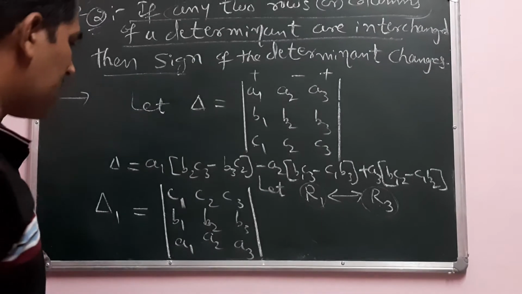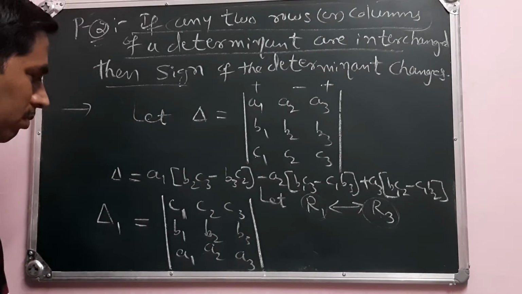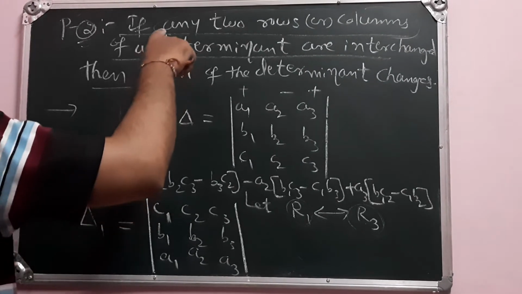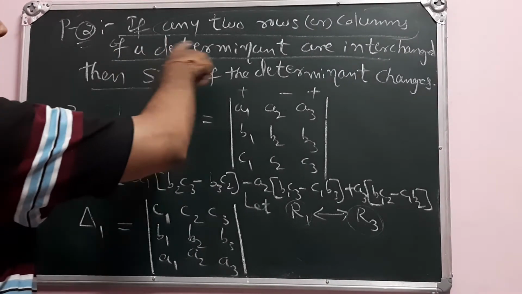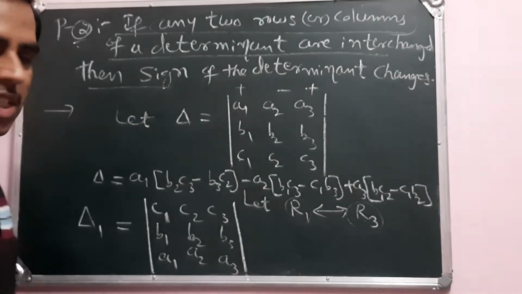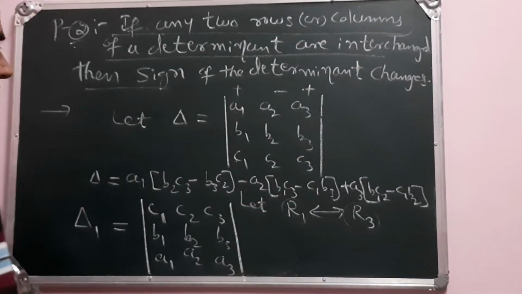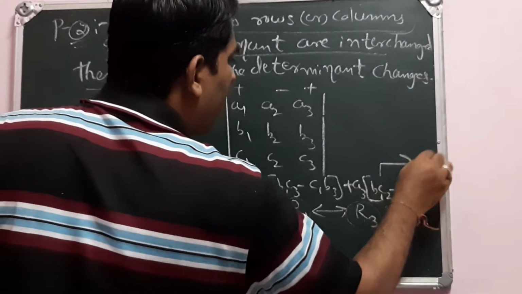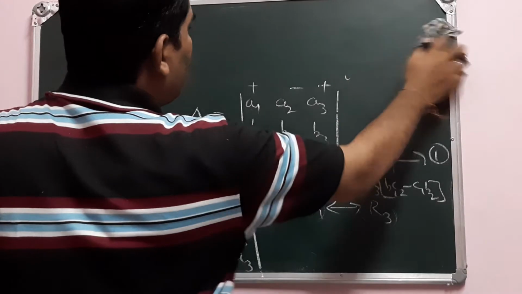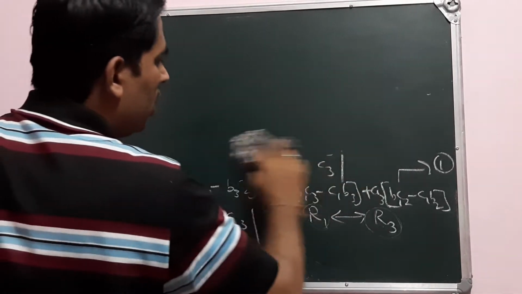So let us expand this one. The statement is: if any two rows or columns of a determinant are interchanged, then the sign of the determinant changes. Okay, so let us see this one. We can call this equation 1. Okay, I will show that here.